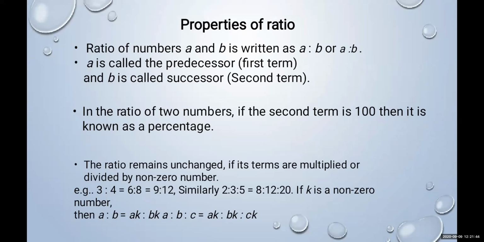A is called the predecessor, that is the first term, and B is called the successor, that is the second term. In the ratio of two numbers, if the second term, that is the denominator, is 100, then we call it a percent.